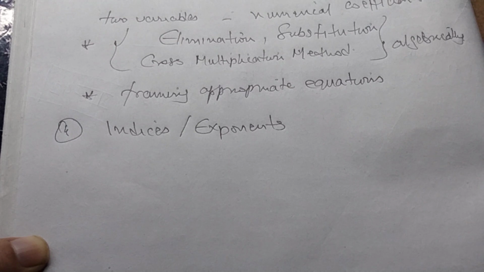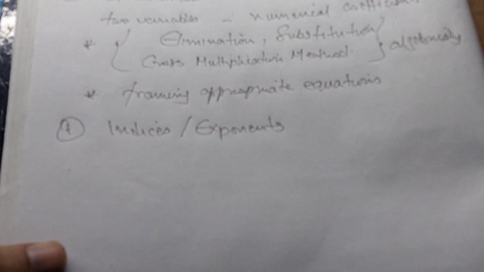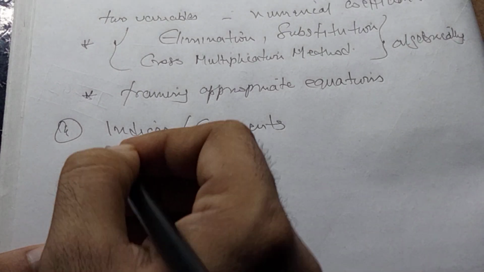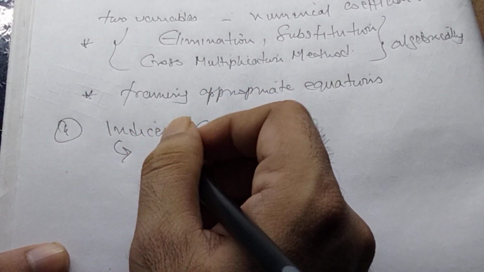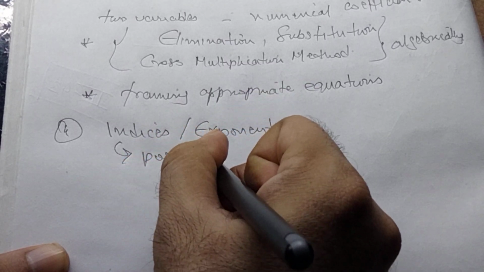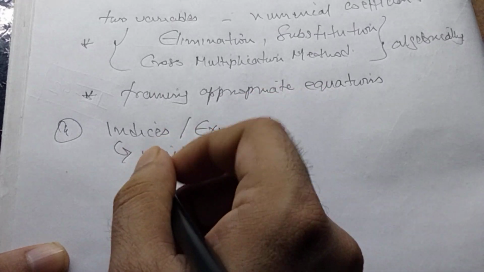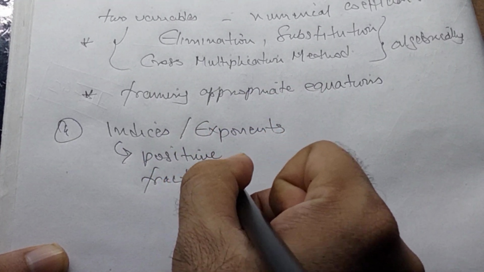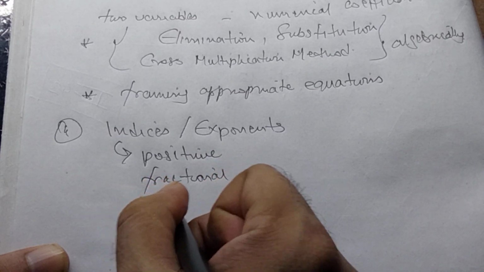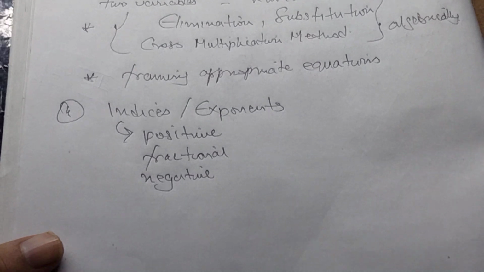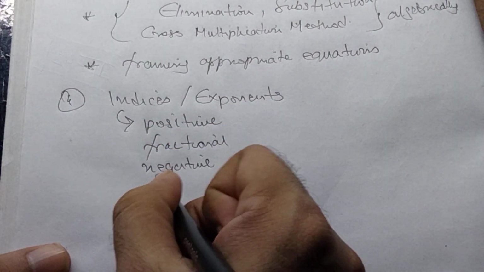So what you have to do under this part of the syllabus is that you have to handle positive, fractional, negative and zero indices. So indices which you have to know about is positive indices, fractional, negative and zero.